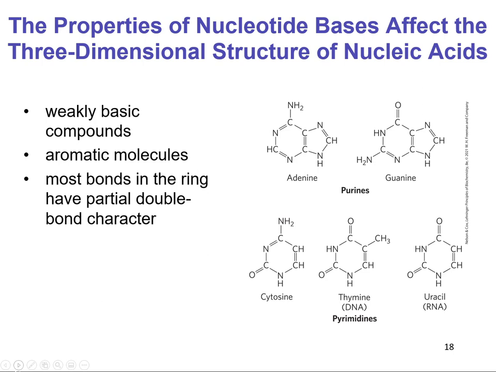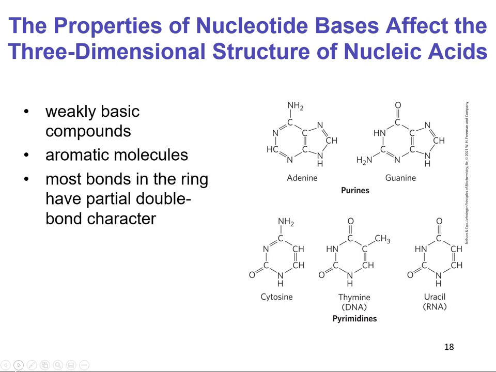The properties of the bases affect the three-dimensional structure of nucleic acids. All of the bases are weakly basic compounds. They're aromatic, and most of the bonds in these rings have some partial double bond character. That makes them pretty rigid and fairly planar.